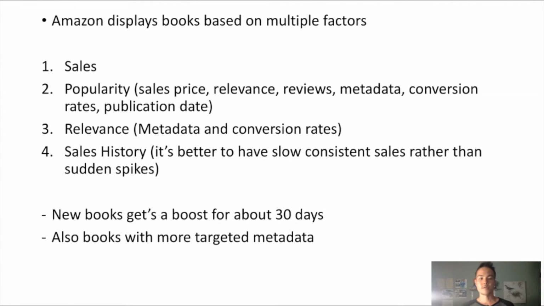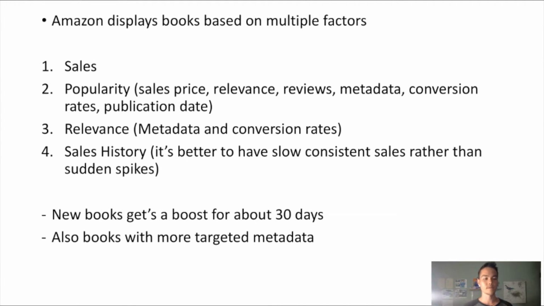So the third factor is relevance. So metadata and conversion rates, going back to it. Metadata, like I said, another example is if you are actually running ads to ketogenic diet, right? So you're running a ketogenic book to ketogenic diet search results, so it's connected there.